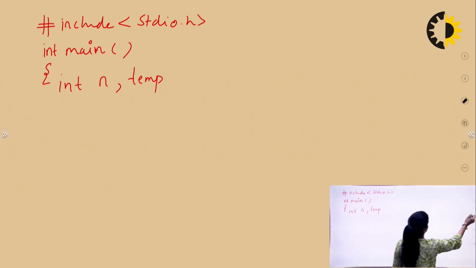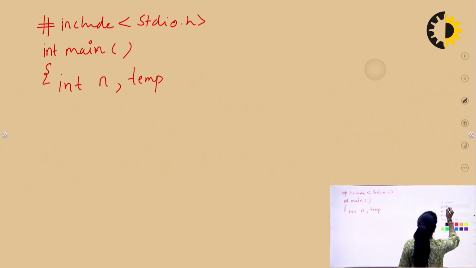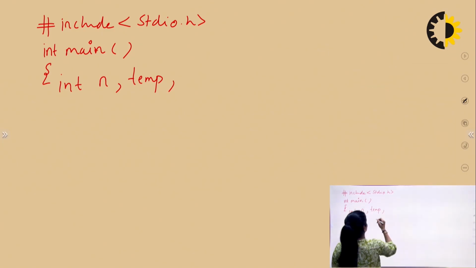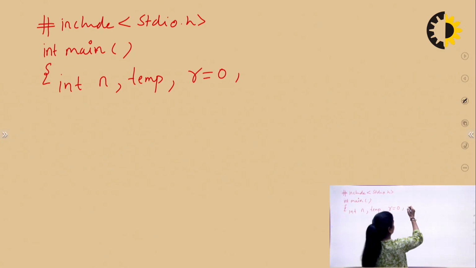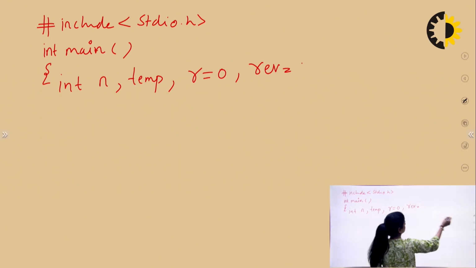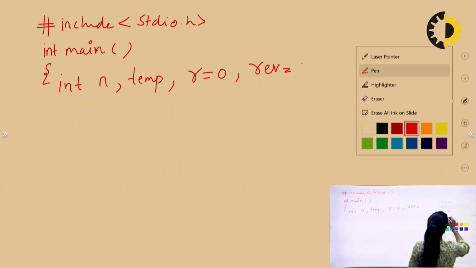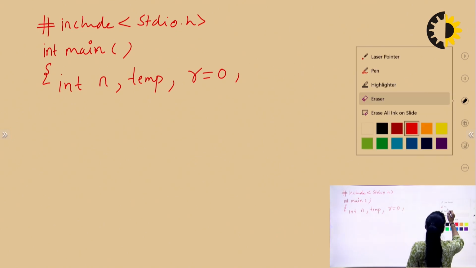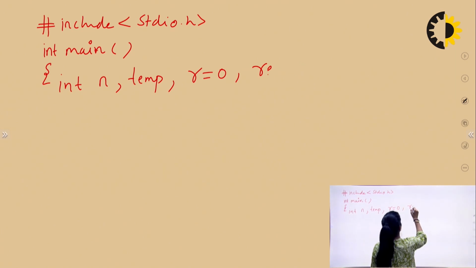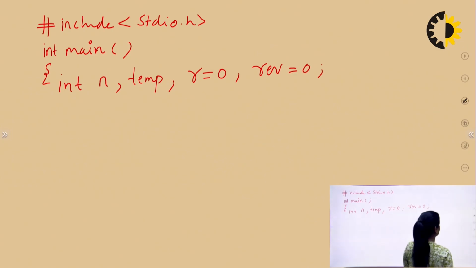Okay. Now next variable is remainder r. R initialization with 0 and next variable is reverse equal to 0. Why reverse equal to 0?